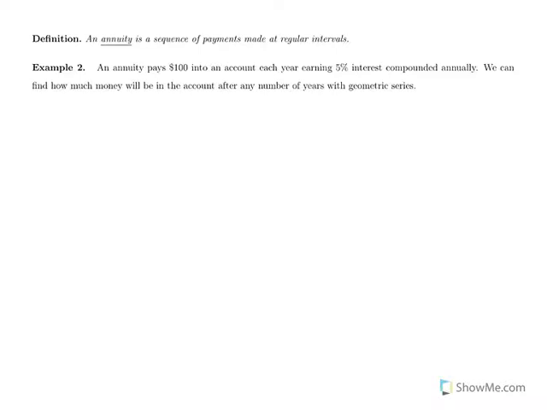The difference between this problem and the previous problem is we don't just have an initial payment at the beginning, but we keep adding $100 into an account each year. And we can find out how much money is going to be in the account after a number of years, in this case using geometric series.